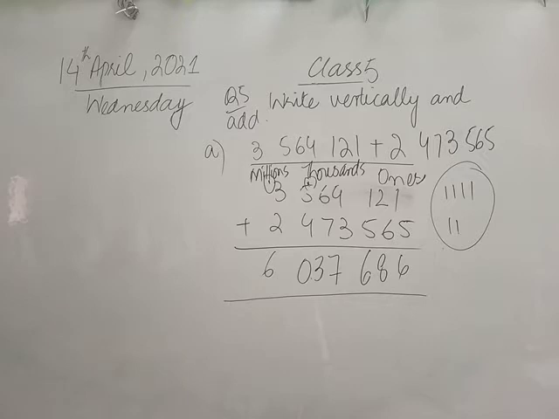So I am going to read this value as 6 million, 37,000 and 686. So this is how we can read the addition of numbers which is in total.